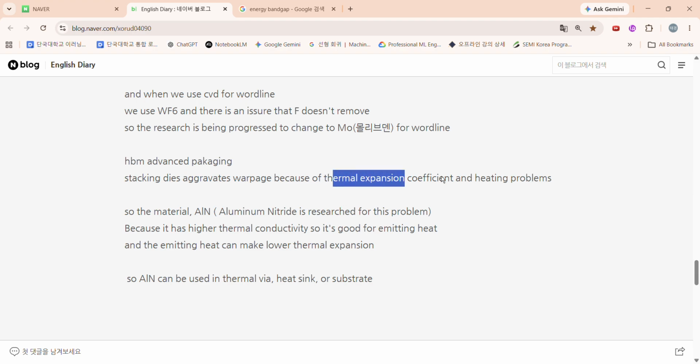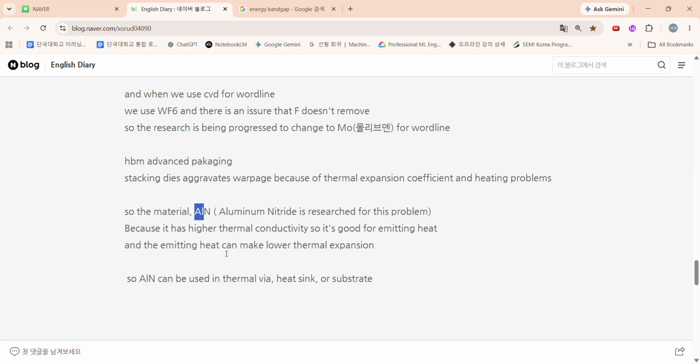So there are expansion coefficient and heating problems, but aluminum nitride has higher thermal conductivity, so it's good for emitting heat.